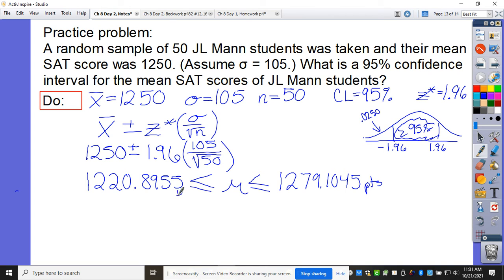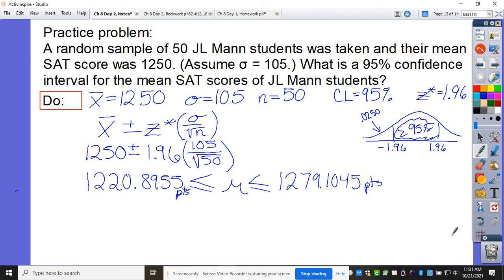Just for the sake of this being an example, I don't want you to look back at it. One thing that I want you to think about here, because you'd be surprised how many people miss this. I don't care what this problem is or what the numbers are. I know that this number over here is going to be less than my mean.